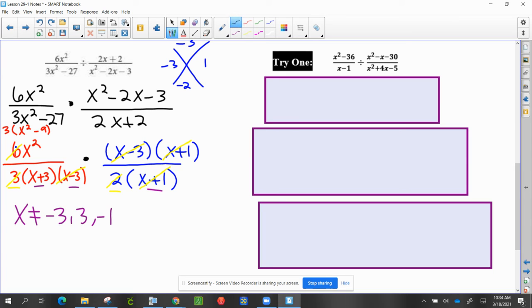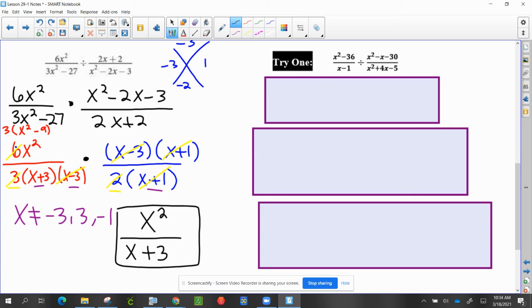So all I have left in my numerator is x squared, and all I have left in my denominator is x plus 3. You can't cancel those x's at all. You just got to keep them the same. You can only cancel the x plus 3 if you had another x plus 3 on top, which we did not.